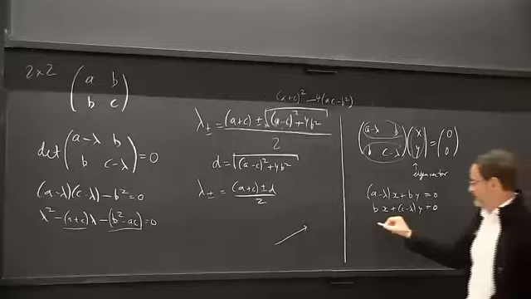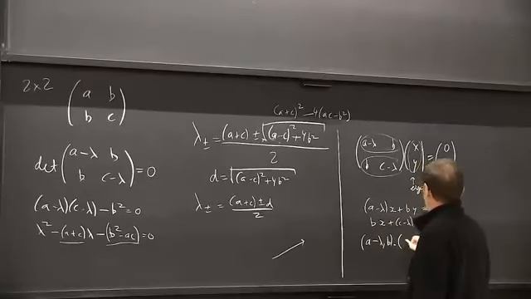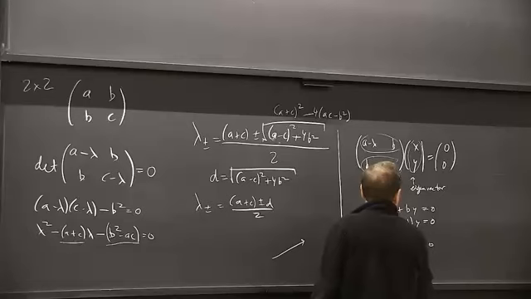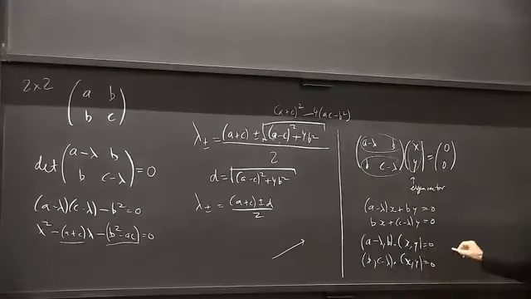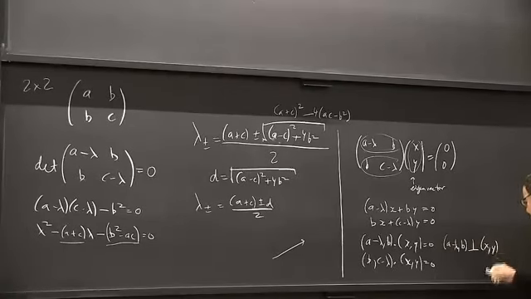and so I can think of this as a dot product. And I can think of this then as vectors being orthogonal to one another. Right? So this means that (A minus lambda, B) is perpendicular to (x, y).